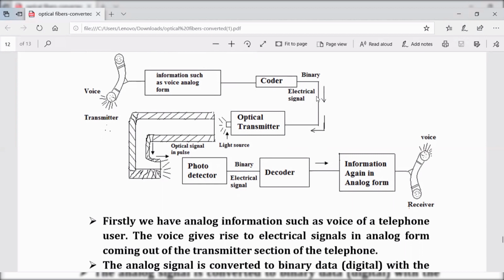When this digital information is given to the LED, it modulates the digital data into the optical signal. It converts this electrical signal, which is in the digital form, into the optical signal.